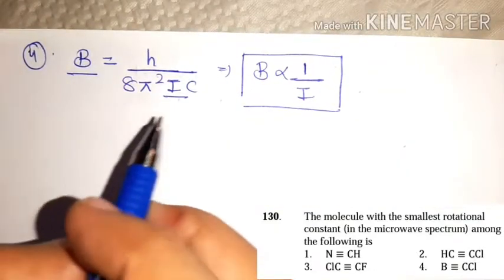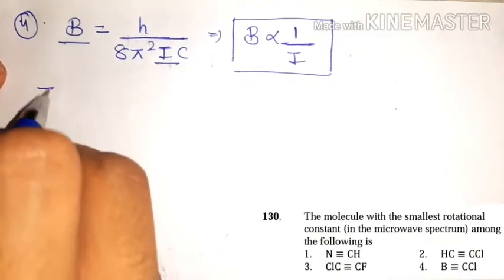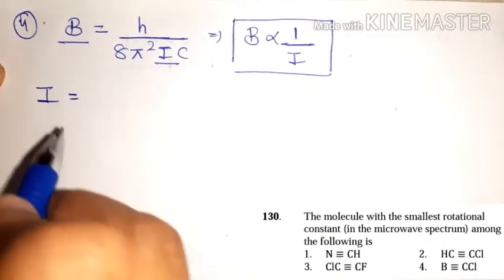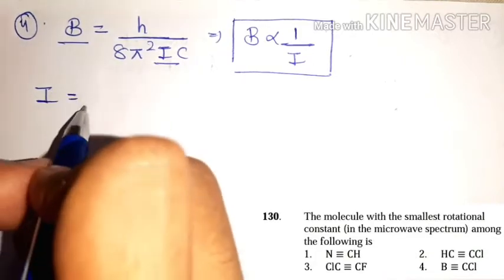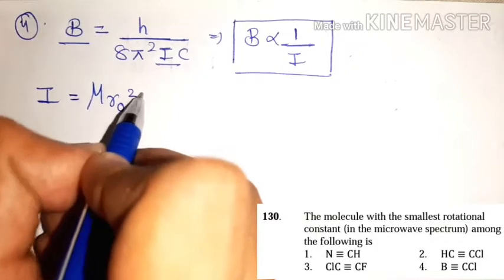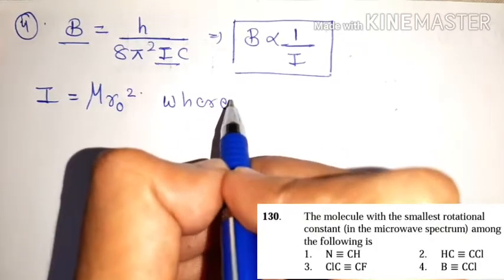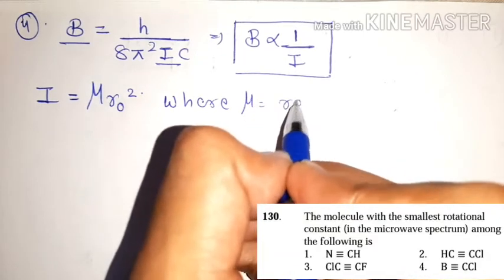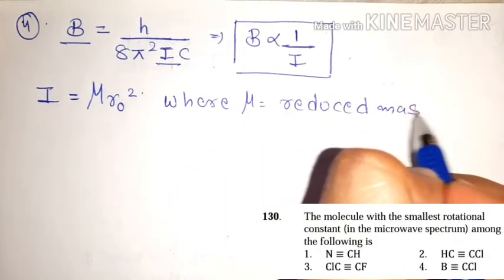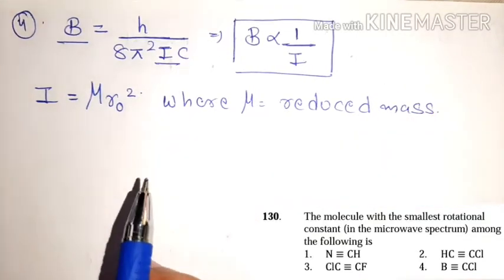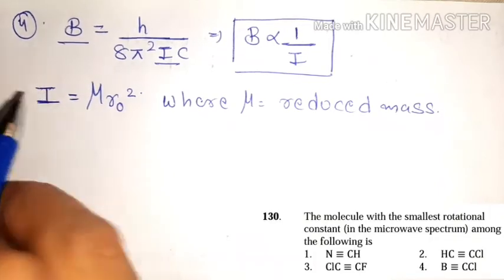The formula for finding the moment of inertia for any molecule is mu r naught square, where mu is the reduced mass of that molecule for which you find the value of moment of inertia.